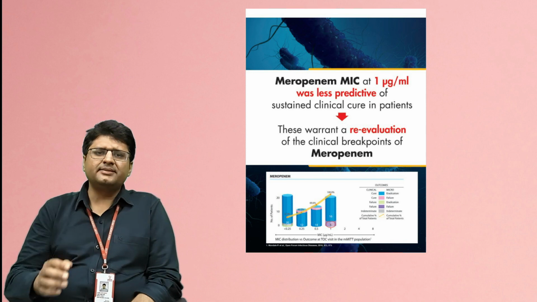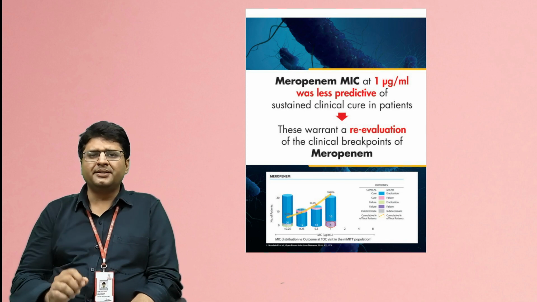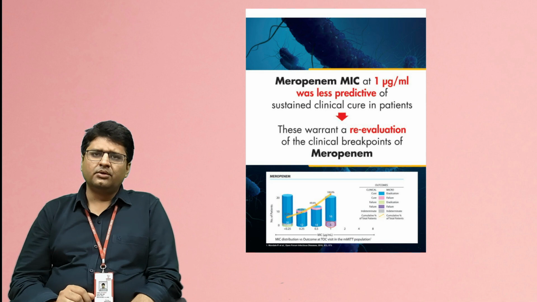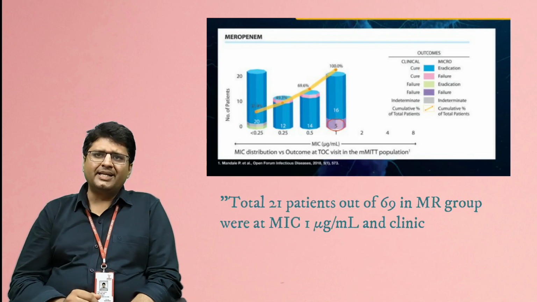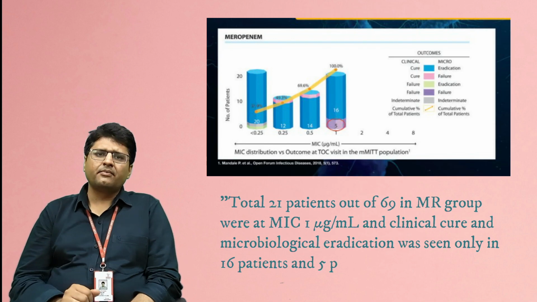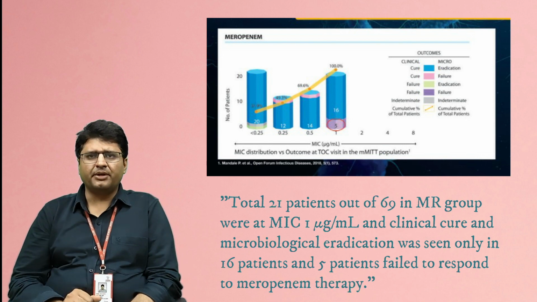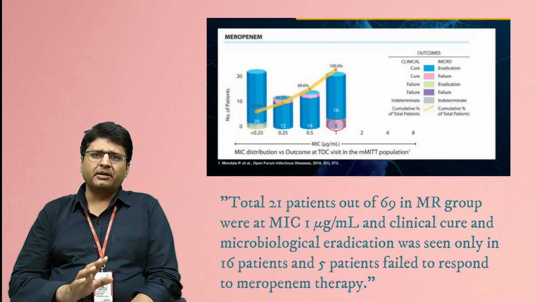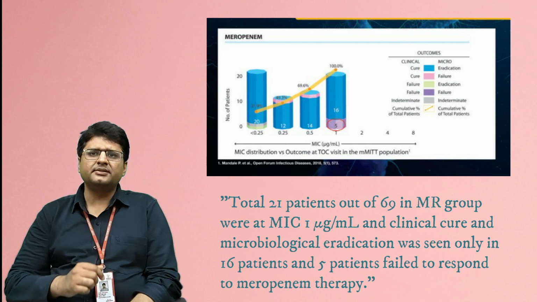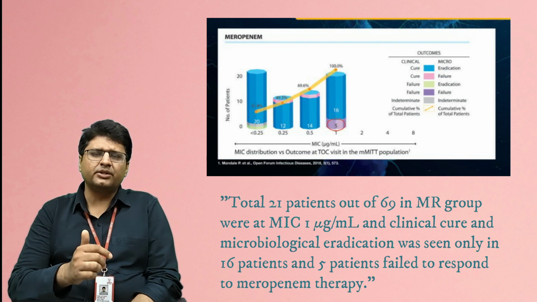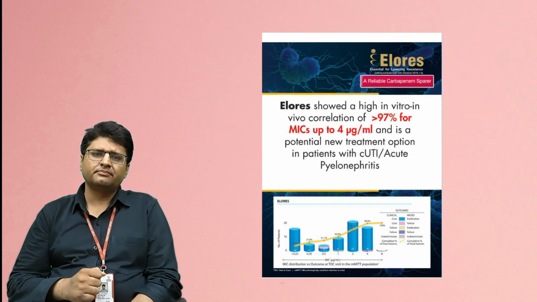As we can see in this graph, which is also included in the LBL, a total of 21 patients out of 69 in the meropenem group were at MIC 1 microgram per ml, and clinical cure and microbiological eradication was seen only in 16 patients, and 5 patients failed to respond to meropenem therapy.